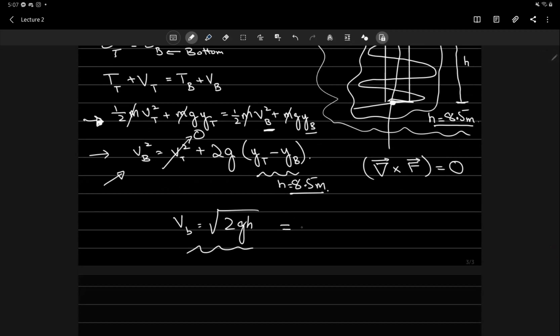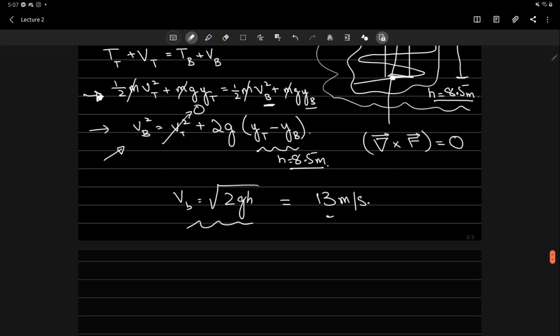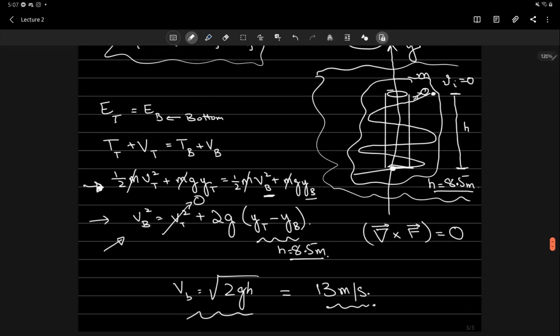Just put in the values of g and h, and you would get 13 meters per second.